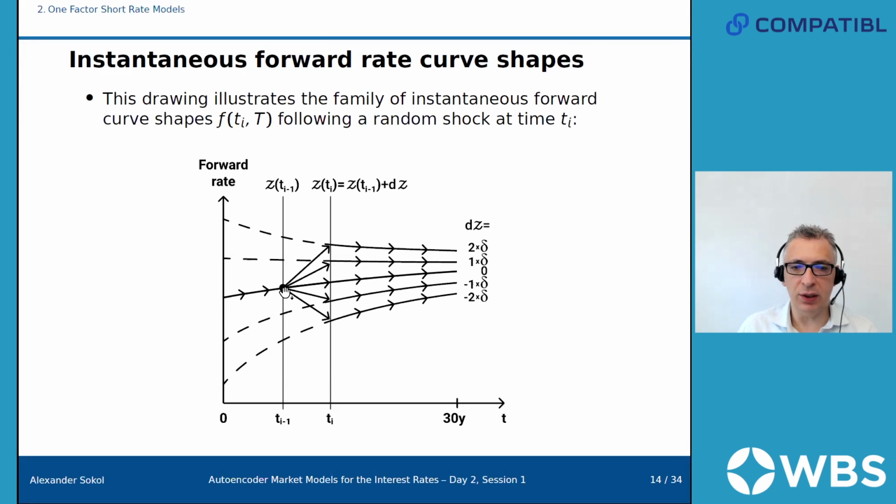Now at t i minus 1, this shock occurs that at time t i makes the short rate take one of these 5 possible values. From there, again, in the absence of any future random shocks, the short rate will follow this trajectory, and in the Hull-White model, this trajectory is this line, phi, plus an exponentially decaying term.